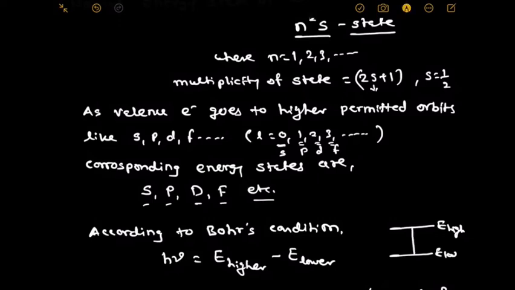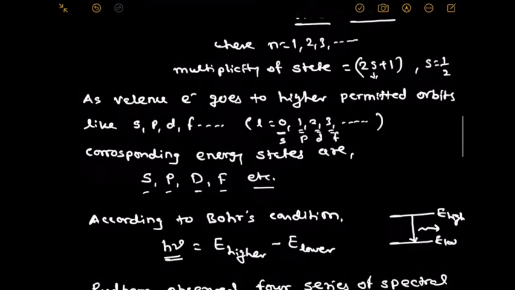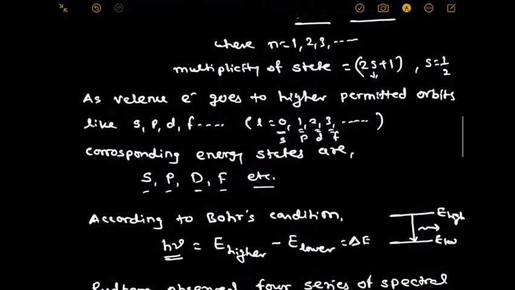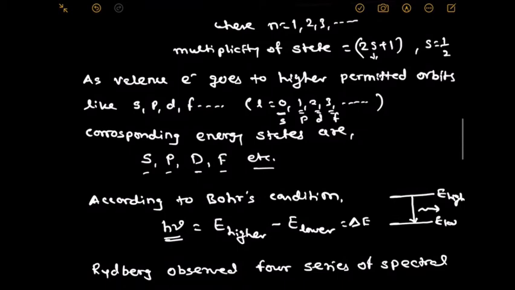If the electron transits from the higher to the lower energy level, it emits radiation whose frequency corresponds to the energy difference between the two states, E higher minus E lower. Hence delta E equals h nu. According to the quantum condition, the energy difference between the two states gives the frequency of the emitted radiation.